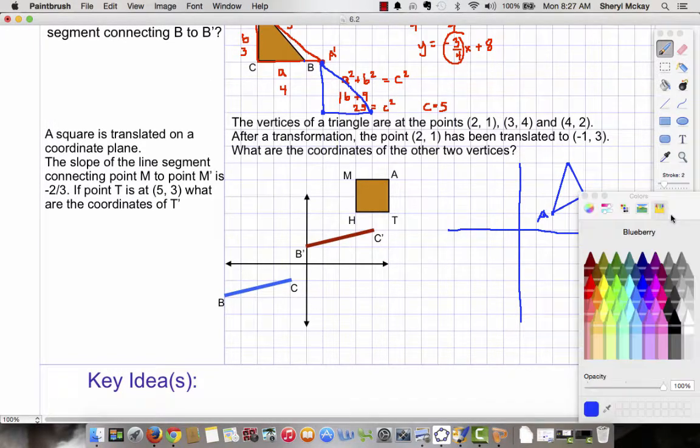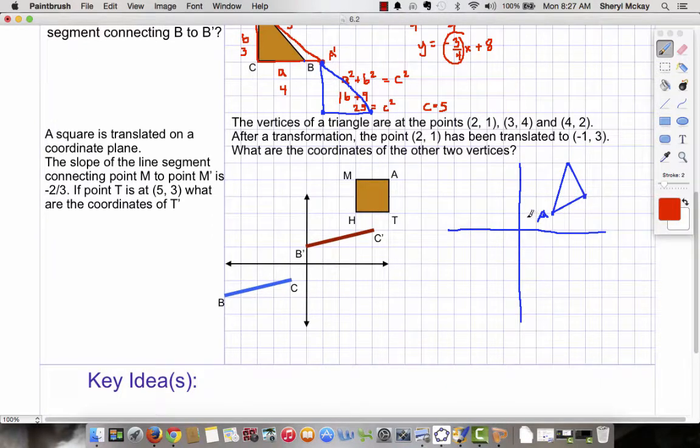So I'm going to make that a different color. (-1, 3): 1, 2, 3. All right, so this becomes A prime. So the question is, what are the coordinates of the other two? We want to know the coordinates of this one and this one when we translate them.